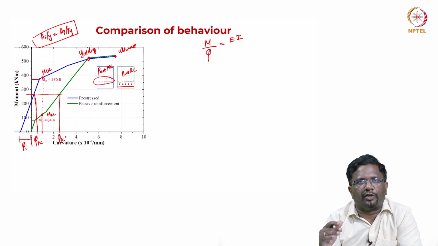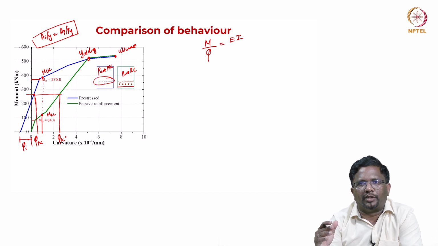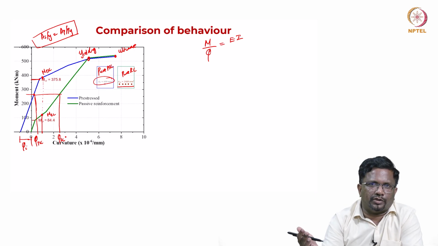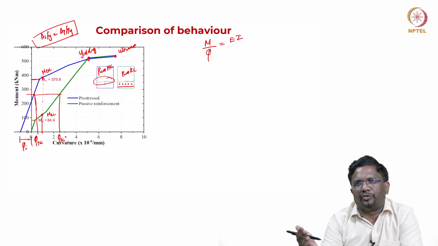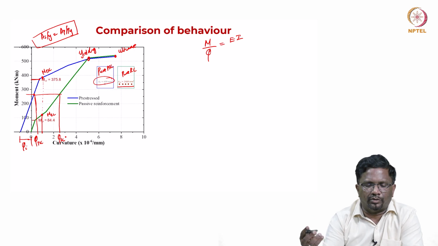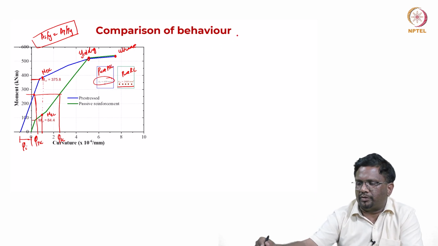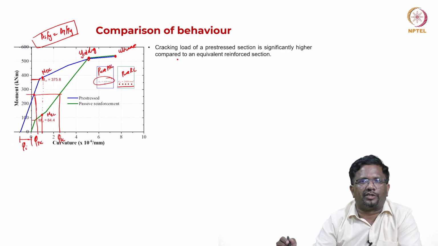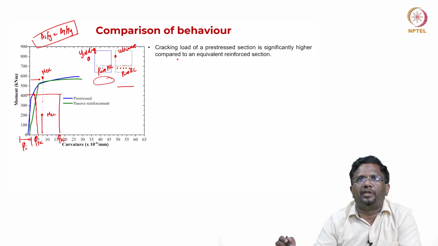That means at a particular moment, my curvature in a reinforced concrete section is going to be much higher. Again, from the serviceability point of view, it is not going to be good for reinforced concrete, but the pre-stressed section is going to perform much better, right. So that's what we are saying. Cracking load of a pre-stressed section is significantly higher compared to that of an equivalent RC section.